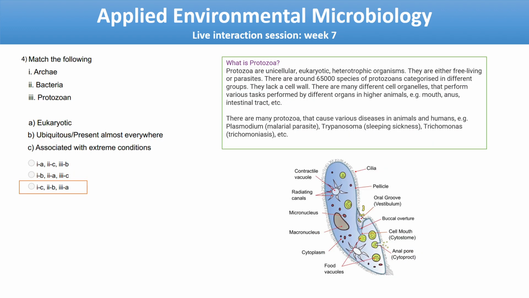Now, who else remembers about archaea? We had discussed it in one of our previous classes in detail. So, can anyone tell me what is one of the special features of archaea?